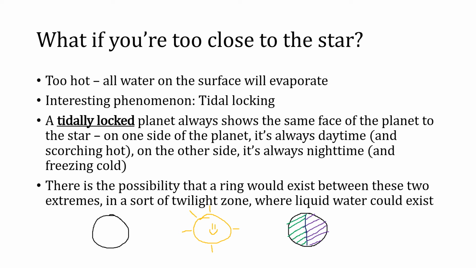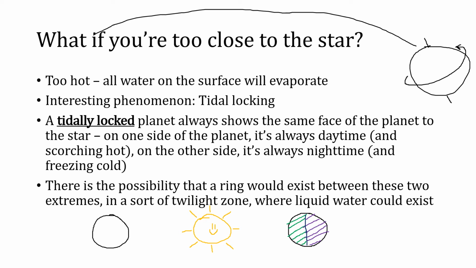And so we've got our star here in the middle, and as the planet orbits the star, normally if you consider a planet like Earth, here's Earth up here, and we've got our axis of rotation, and the planet spins around its axis every 24 hours. That's one day, right? And then it does that 365 times while it's going around the sun and coming back to its starting spot, right?